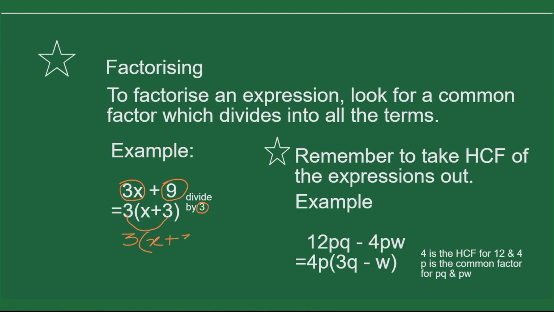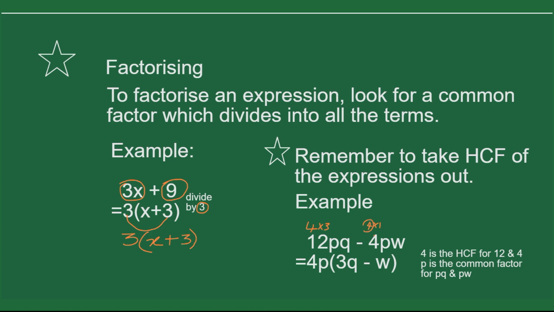The second theory is, remember to take the highest common factor of the expressions out. For example, 12pq minus 4pw. First of all, consider the number terms 4 and 12. 4 is the HCF of 12 and 4. So 12 can be written as 4 times 3, 4 can be written as 4 times 1, then 4 can be taken out as the common factor, the highest common factor of the numbers.